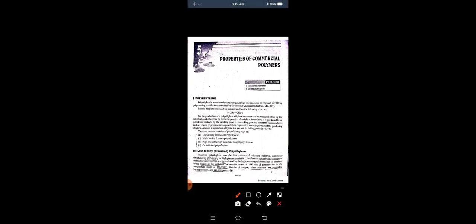This is the polyethylene. Polyethylene is a commercial polymer which is prepared from olefins.